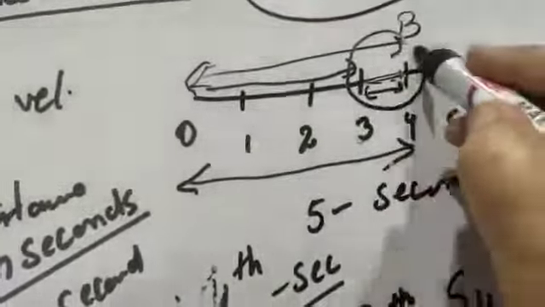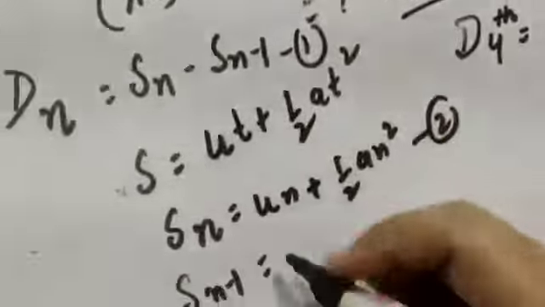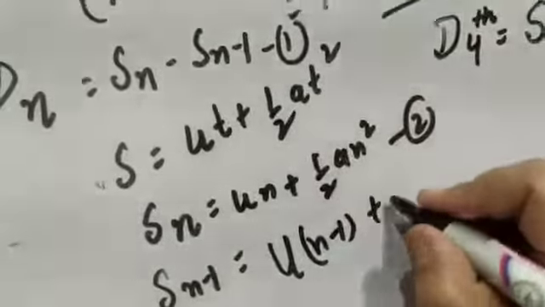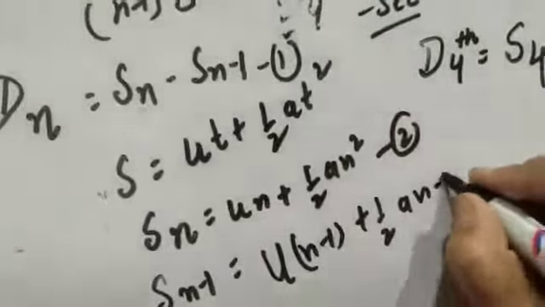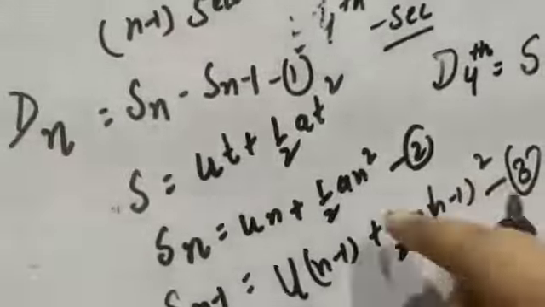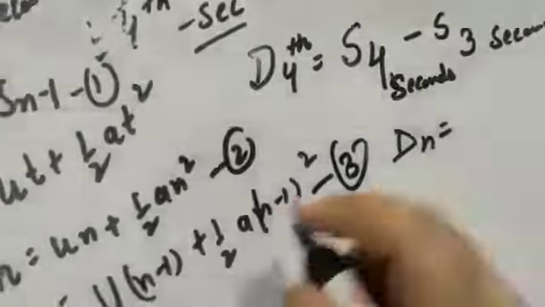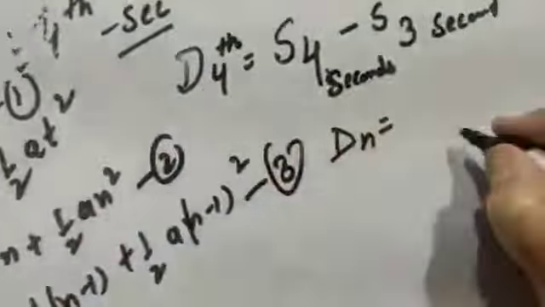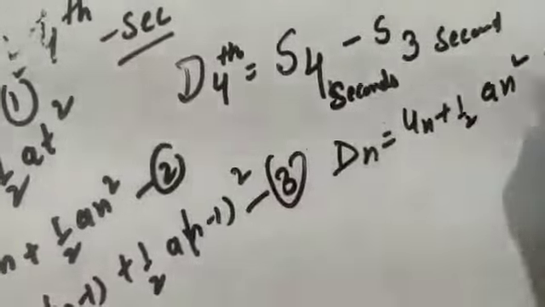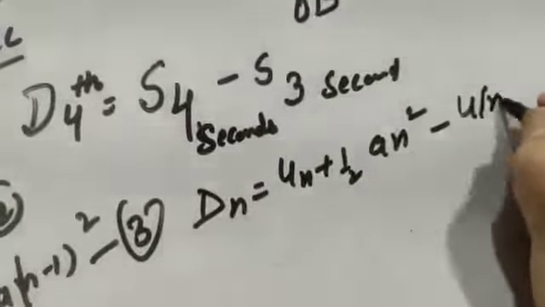So what will we get? We will get the distance traveled in the 4th second, that is the nth second. So what we have to do is find out Sn minus 1. So Sn minus 1 equals u(n minus 1) plus half a(n minus 1) whole square, give it number 3. Now putting 2 and 3 in equation 1, dn is equal to Sn, which is un plus half an square, minus Sn minus 1, so that will be u(n minus 1).